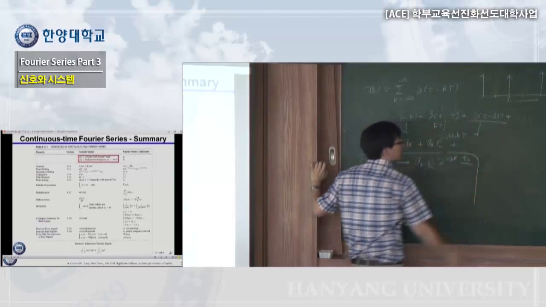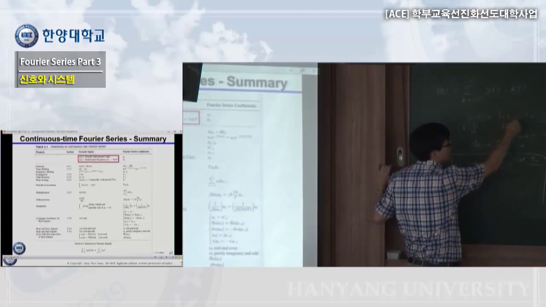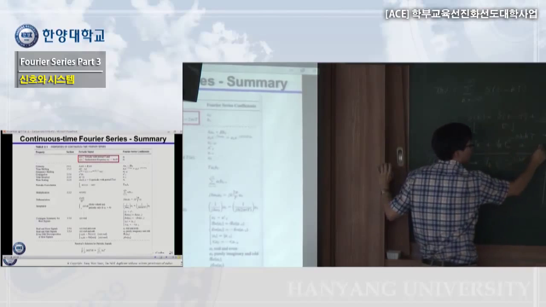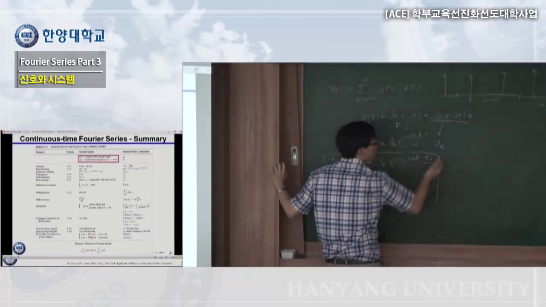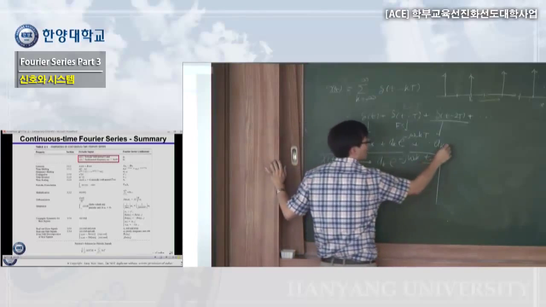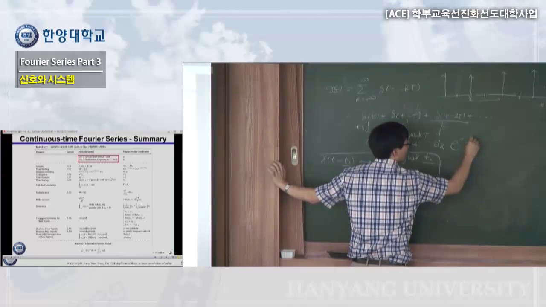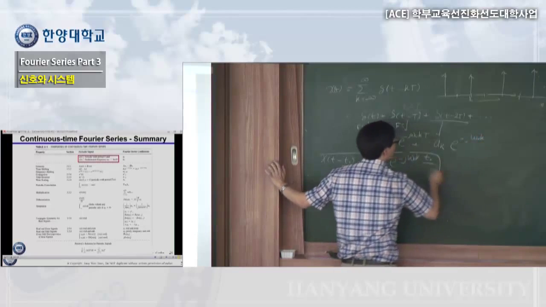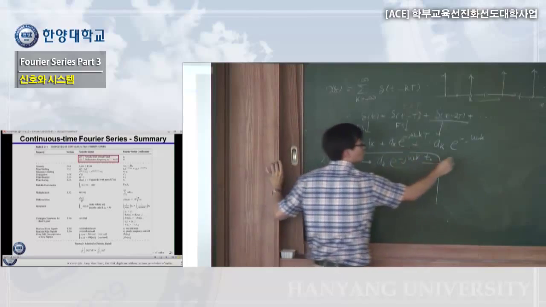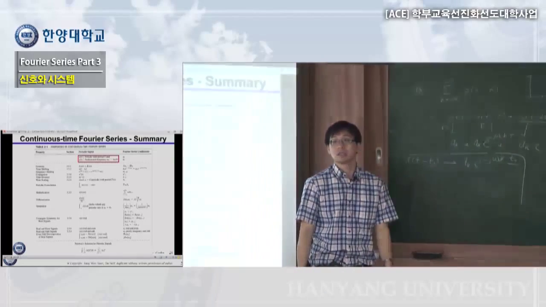If you have delta(t minus 2T), that means our t0 is 2T. Therefore, if you already know a_k, the coefficient for delta, we multiply it by e to the minus j omega 0 k, which does not change, but our t0 changed to 2T. Right?